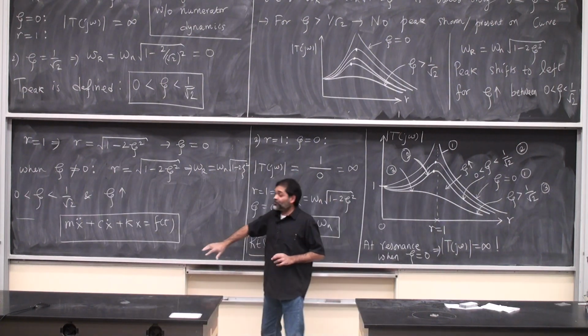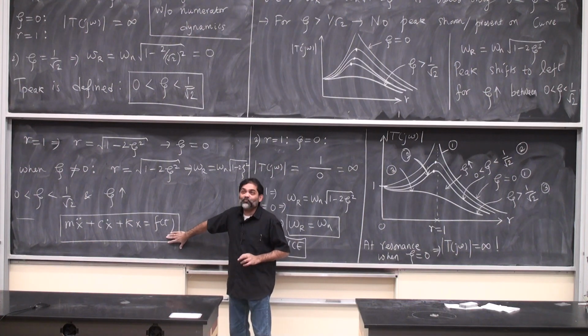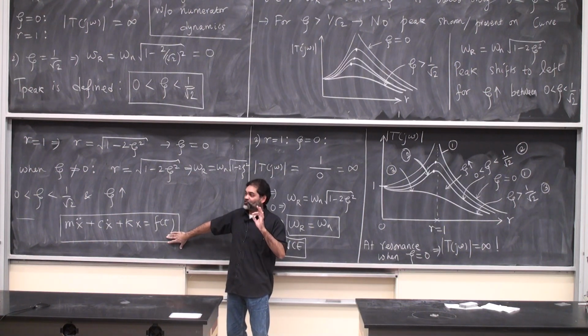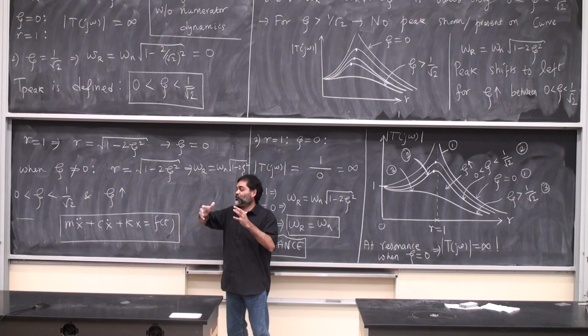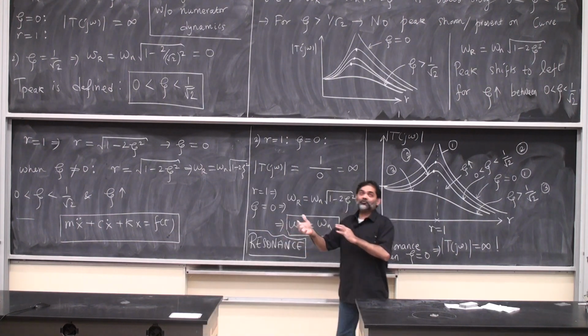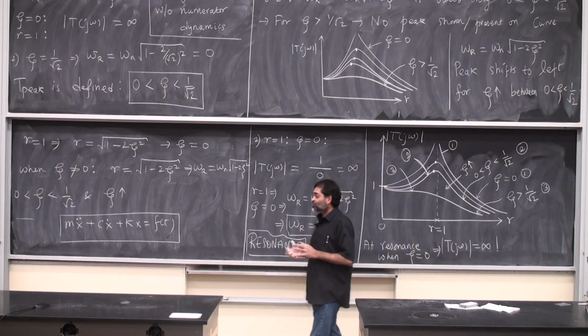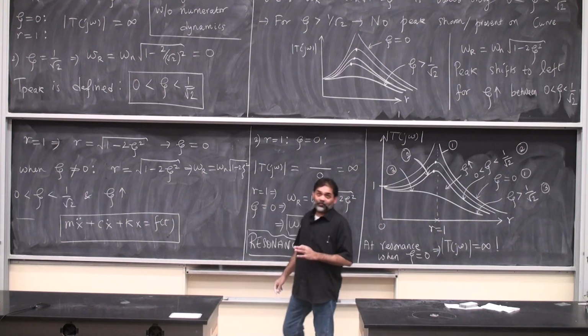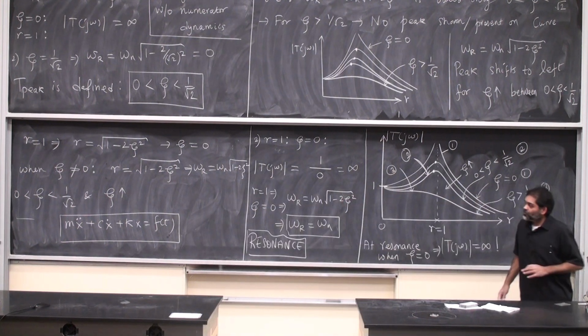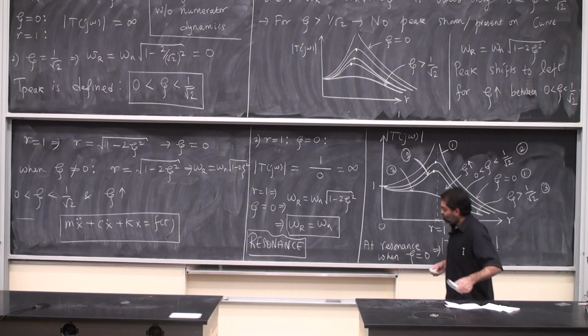If you don't have numerator dynamics, it's this nice spring mass damper model with an external force. Or if I have a torsional body, a torsional spring and a damper, torque applied. Okay. Let's take a numerical example.